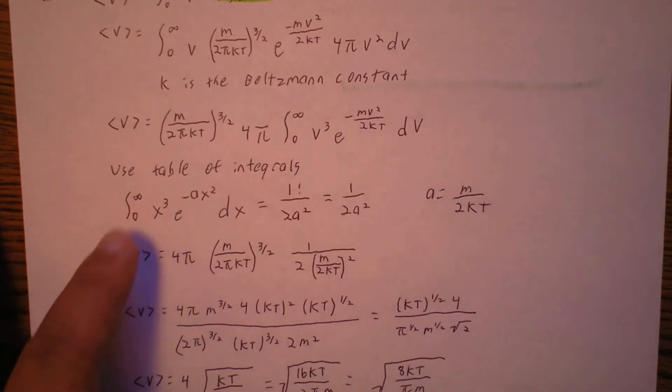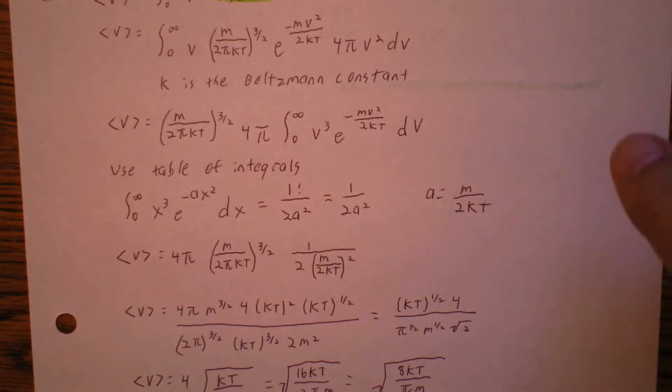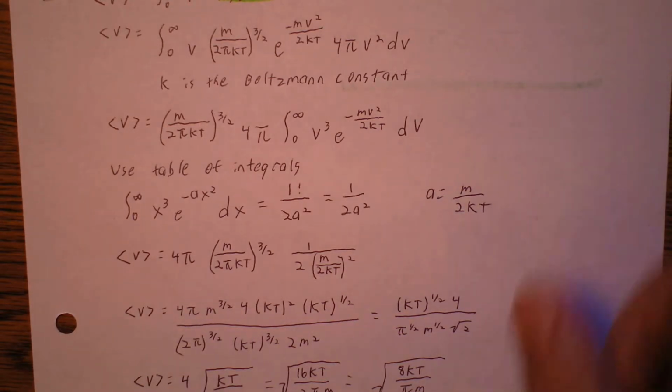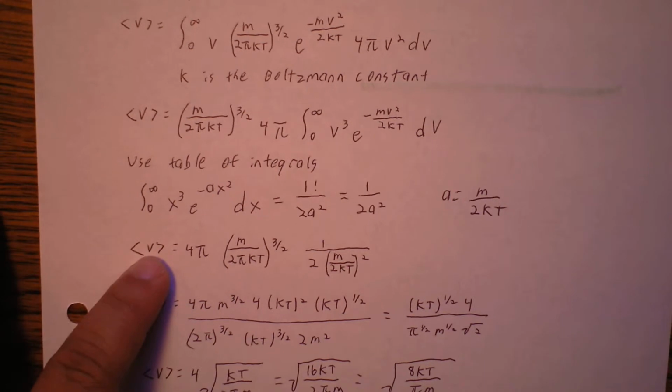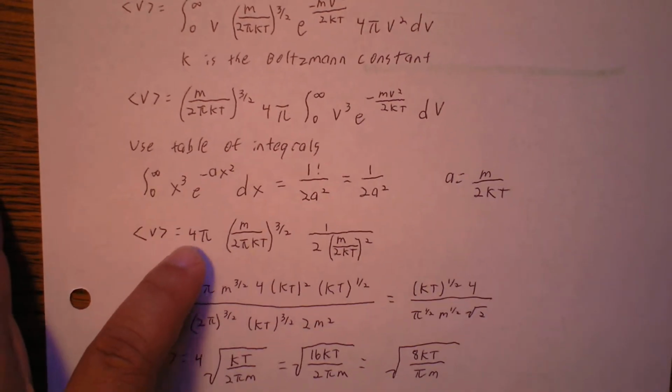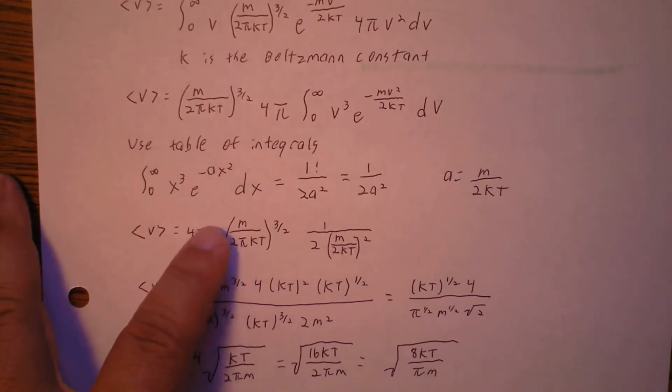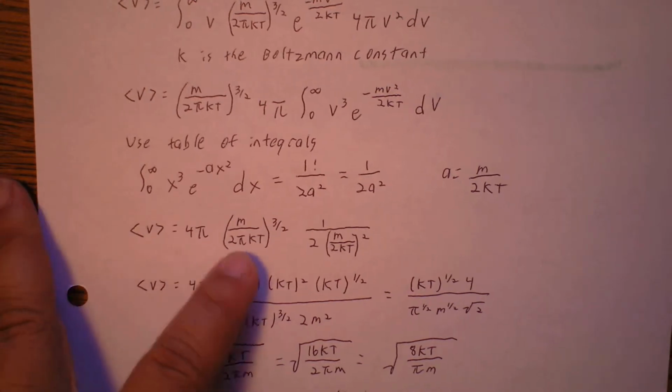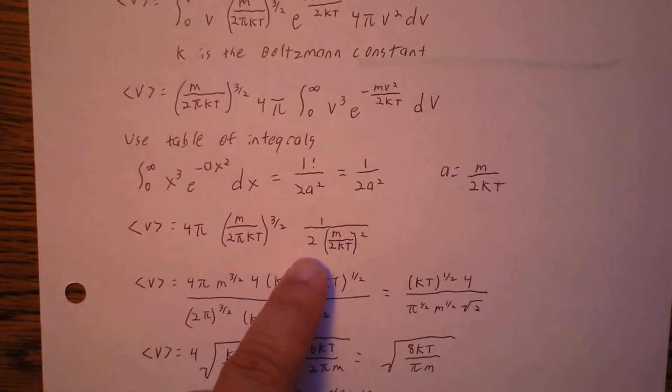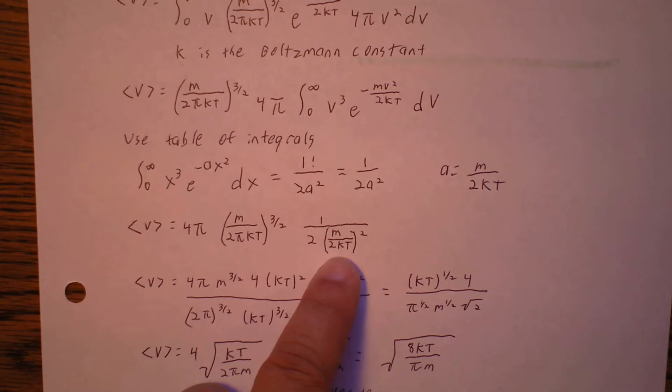Now, for that to be relevant to what we're doing, a is equal to m over 2kT. So we have the average speed is equal to 4 pi times this quantity m over 2 pi kT to the 3/2 power times 1 over 2 over m over 2kT squared.